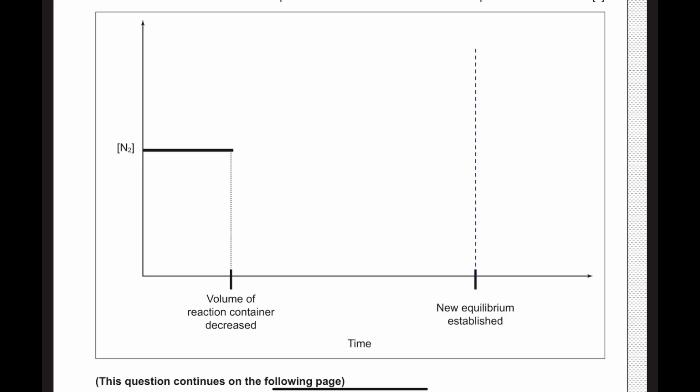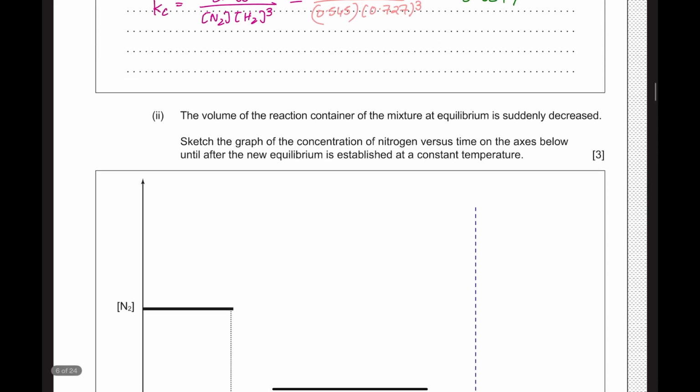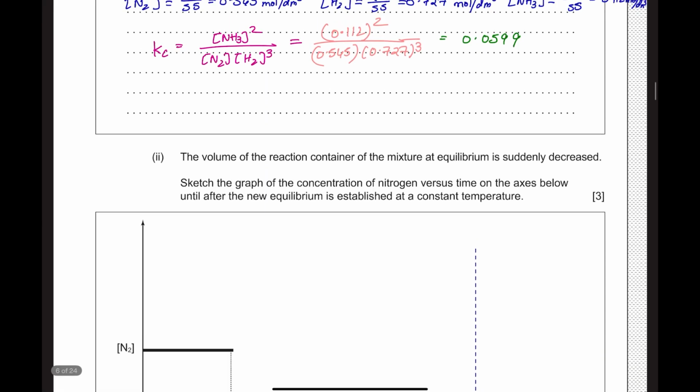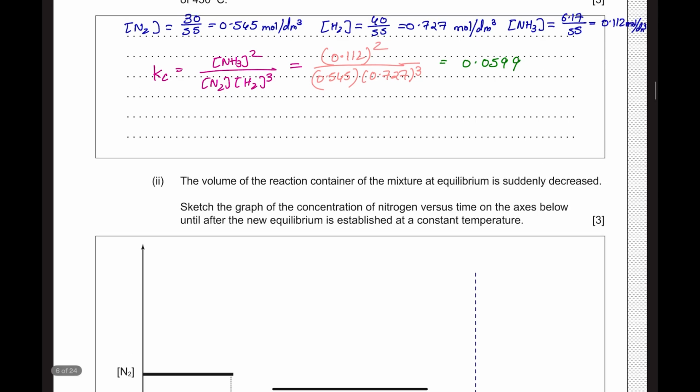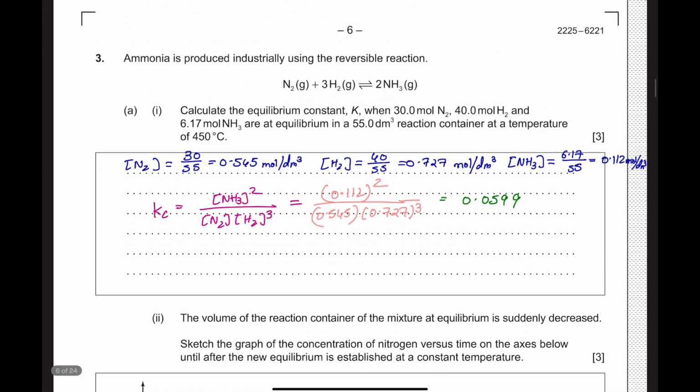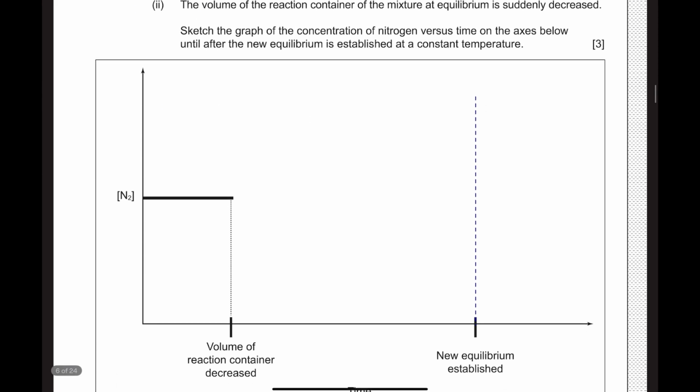So when we are decreasing the volume of a container, initially concentrations will jump. Concentrations for ammonia, nitrogen, hydrogen, everything will jump because your moles remain the same but volume decreases. So firstly, the concentration of N2 will jump to some higher value.